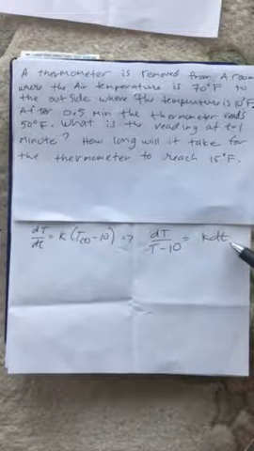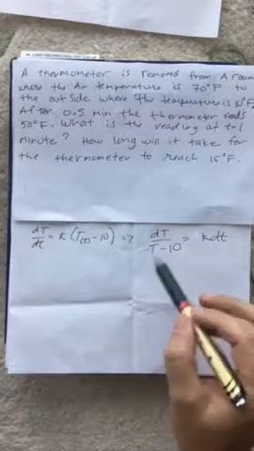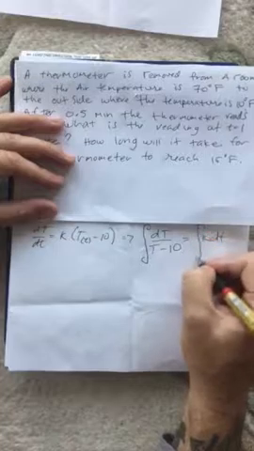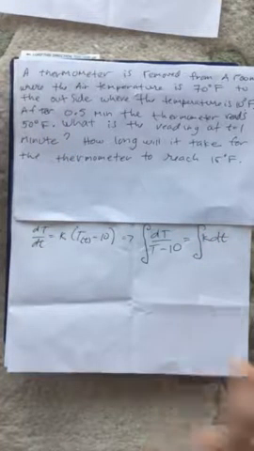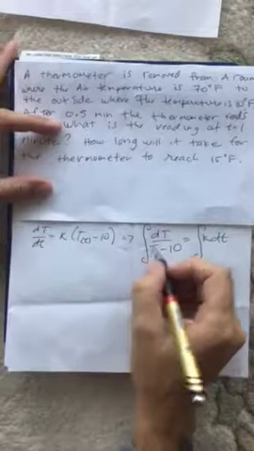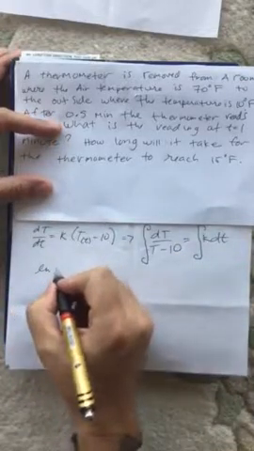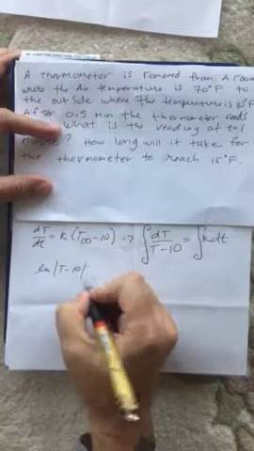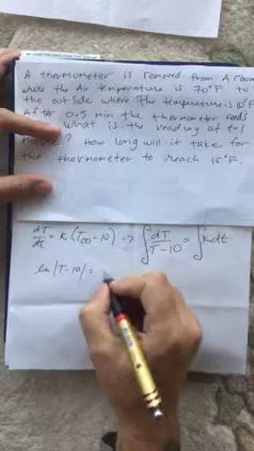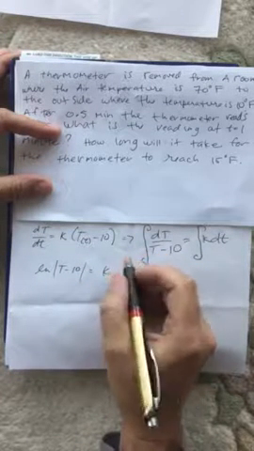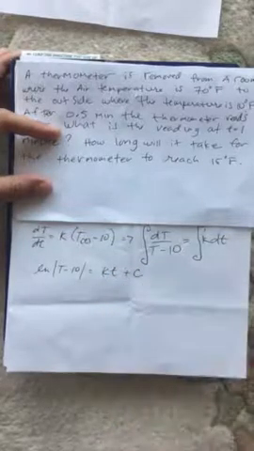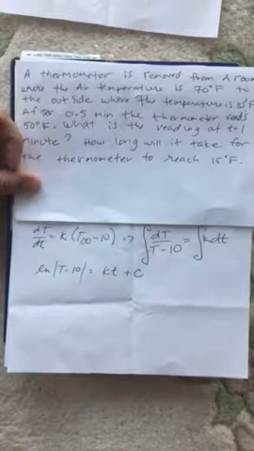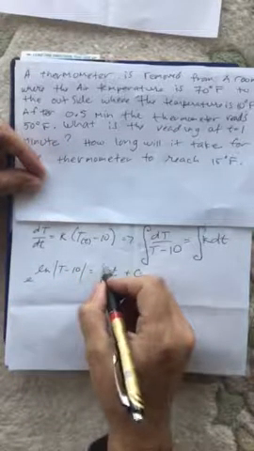What's that? Those are separated variables. Here you got little t. That's it. Here you got big T's. That's it. Now you're going to integrate those. Put the little integration symbol there. So what's this going to equal? This is going to be the natural log of T minus 10 equals kt plus the constant of integration. Now what do you do? It's the same thing we've been doing. You use e.